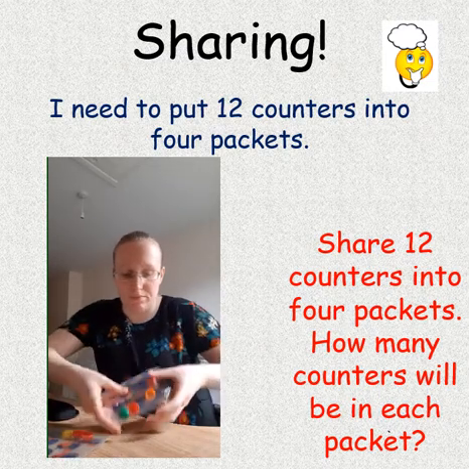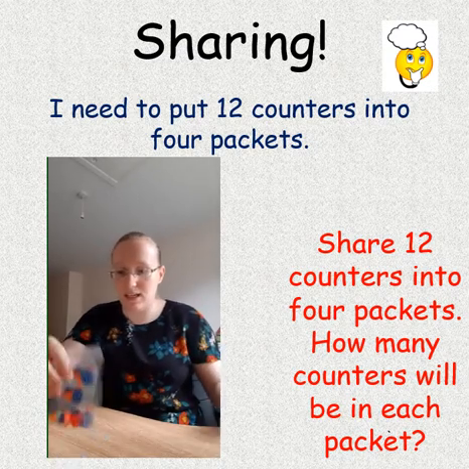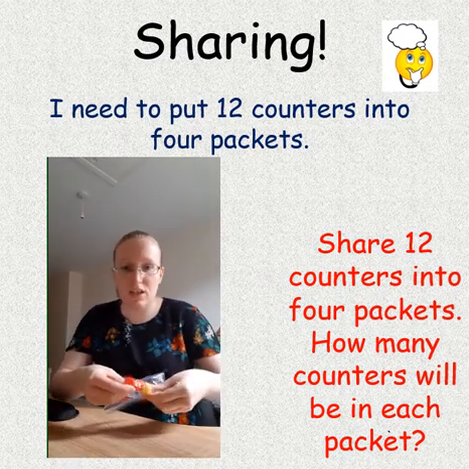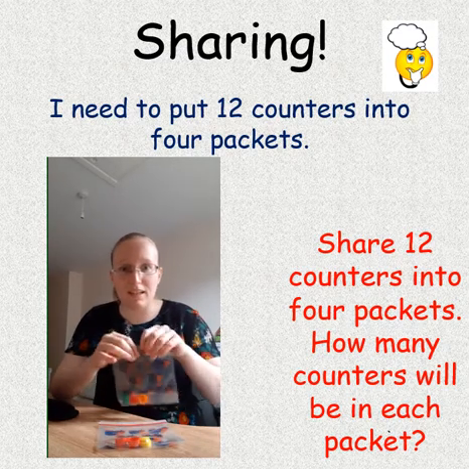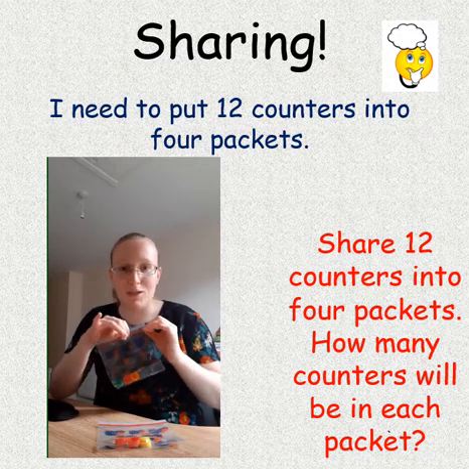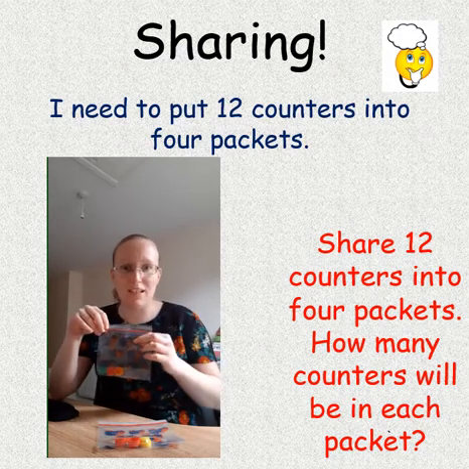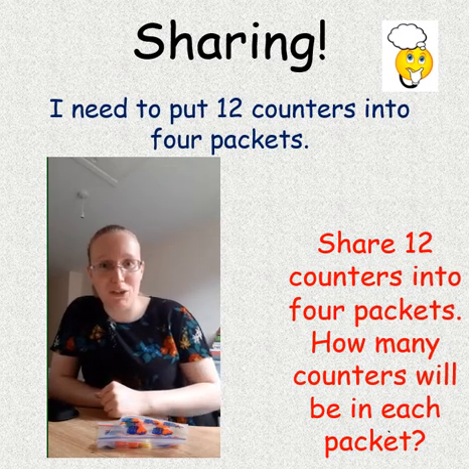I've got 3 in that packet, and I've got 3 in that packet. So I know in each packet there were 3 counters. So I have shared 12 counters equally between 4 packets, 4 groups, and I've worked out that I've got 3 in each pack, in each group.